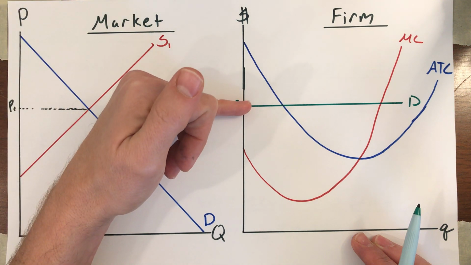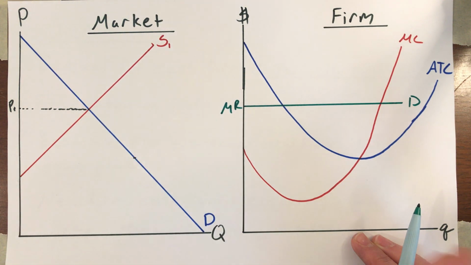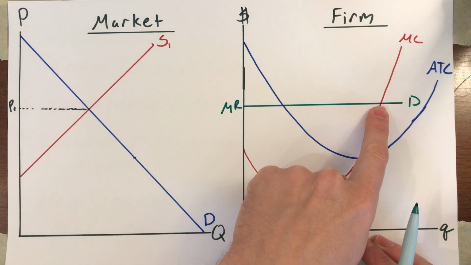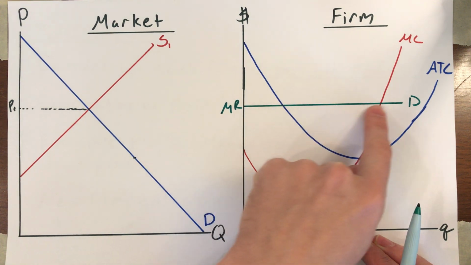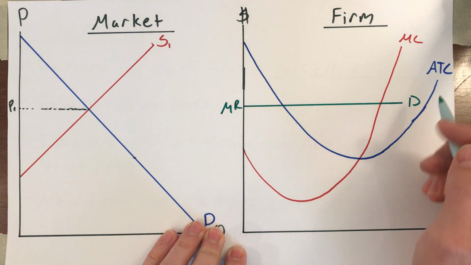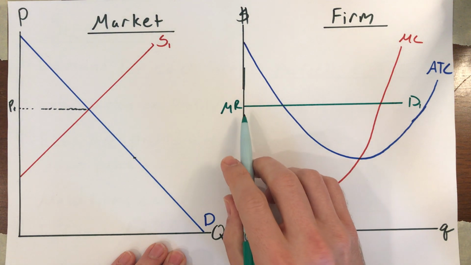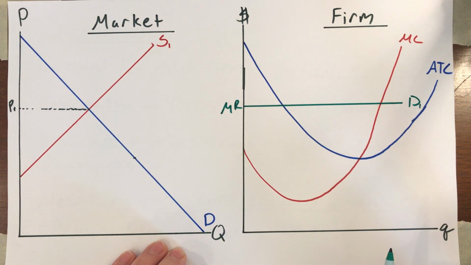On the other hand, they could drop their price below the marginal revenue, in which case they could sell, say, an infinite number of units, but they can already sell their profit maximizing level of units at this price, at this marginal revenue. And so they have no reason to price below that demand curve. So they have perfectly elastic demand.